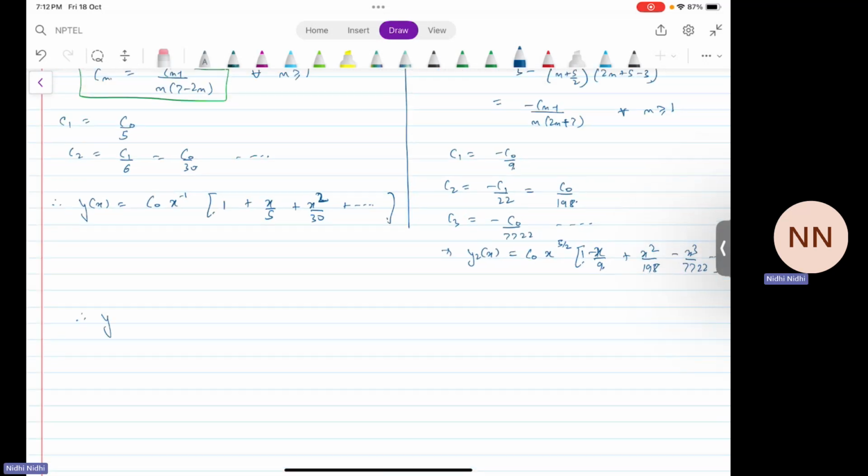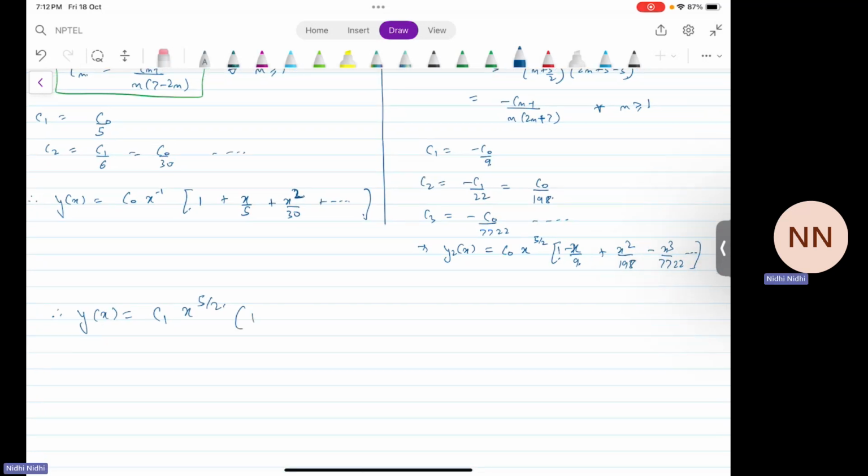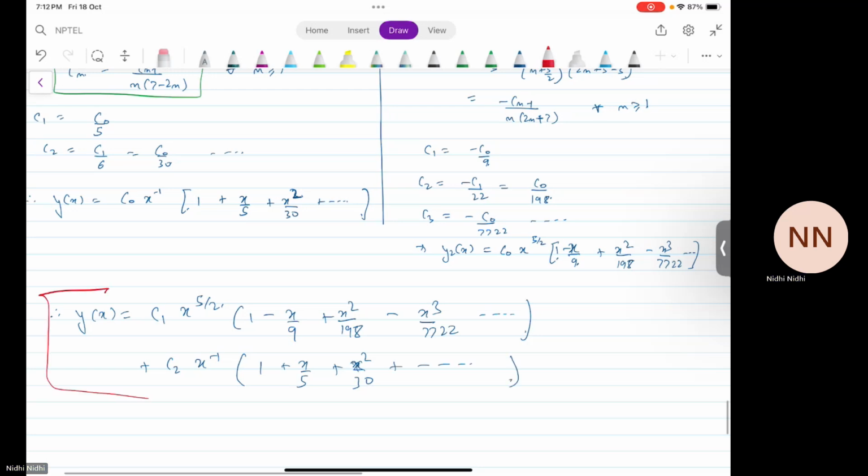Therefore, y(x) equals c1 x to the power 5 by 2 times 1 minus x by 9 plus x square by 198 minus x cube by 7722 and so on, plus c2 times x to the power minus 1 times 1 plus x by 5 plus x square by 30 and so on. So this is our general solution.